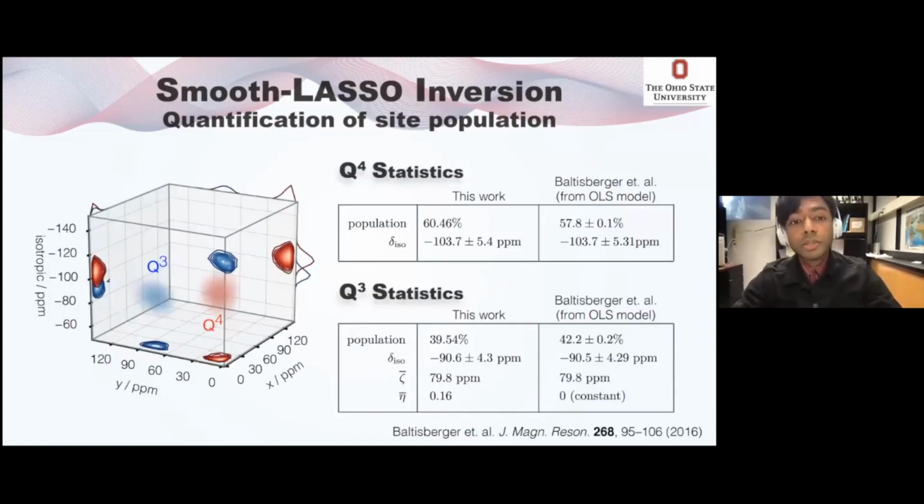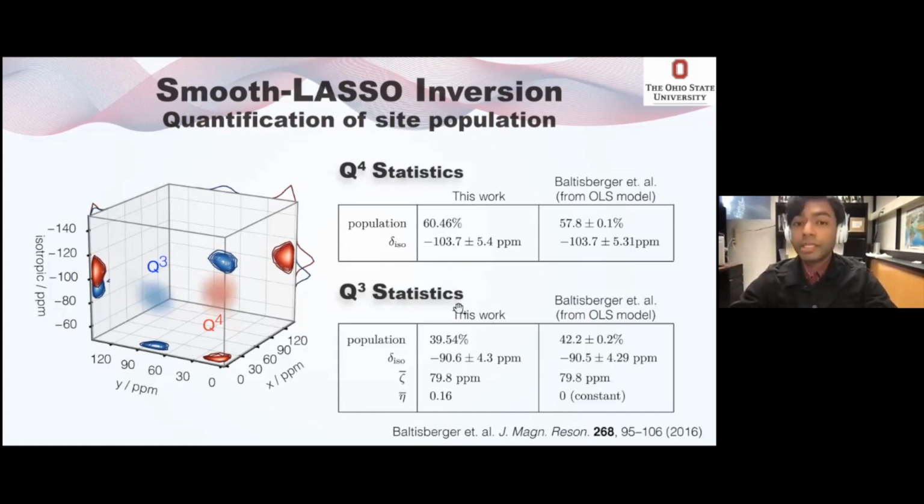Next, what we can do is quantify the probability, the statistics of these distributions, since they are separate in this 3D plane. And what we see is the population. We can calculate the population and the chemical shift, which is also consistent with the original work where this experiment was done.